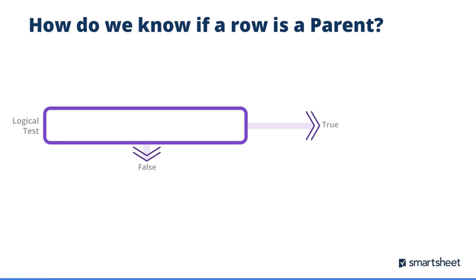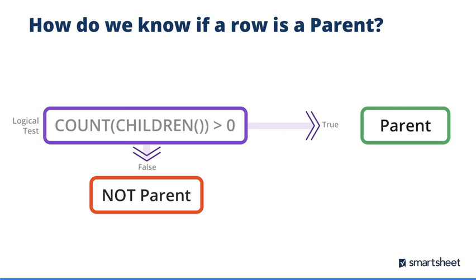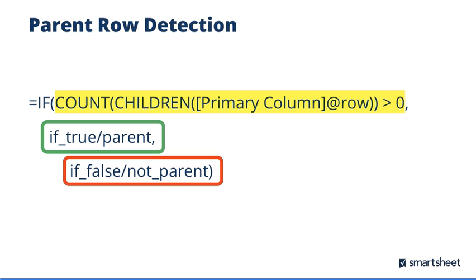We can leverage an if function in Smartsheet to run a logical test and determine if a row has any children. If we count the number of children, and that number is greater than 0, then the row is a parent. If we count the number of children, and there are none, we know that row is not a parent. So leveraging this logic, we can utilize an if function to test if a row is a parent or not.